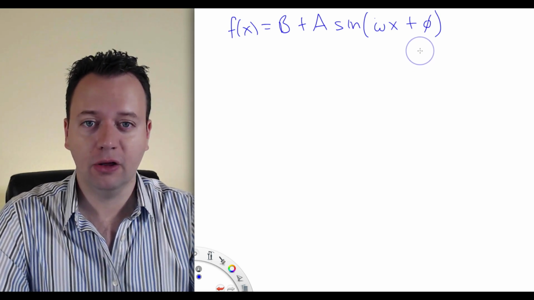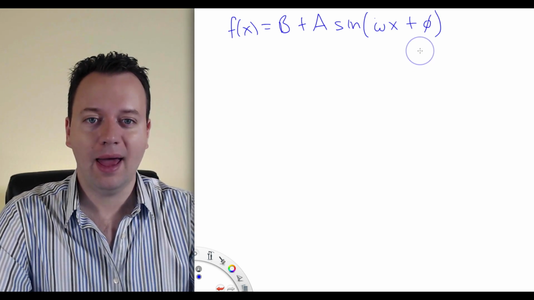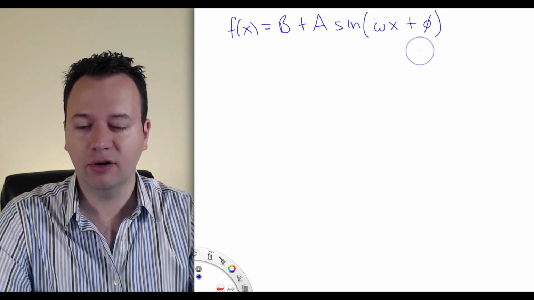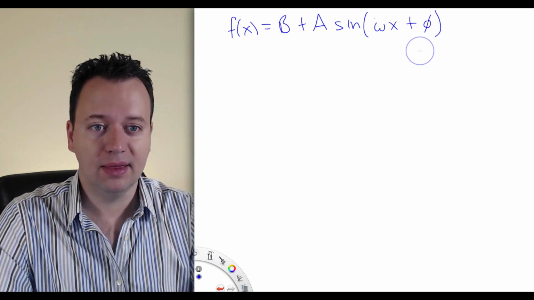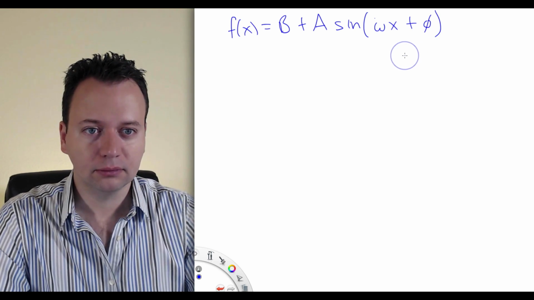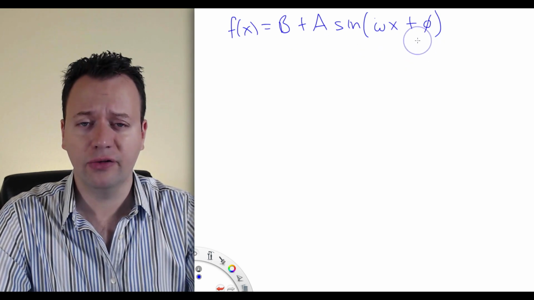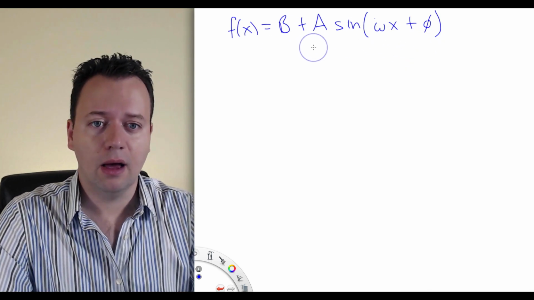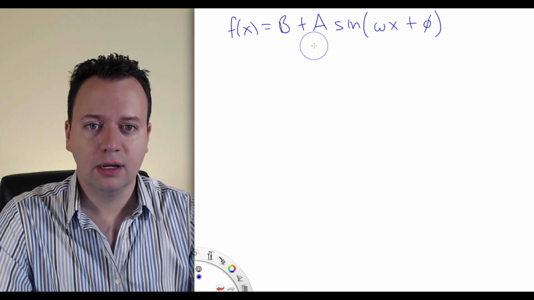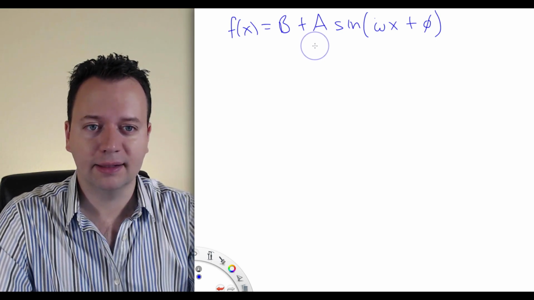So the parameters are a, b, omega, and phi. For any particular example, a, b, omega, and phi would have a constant value, and then x would be the variable. And then each of these parameters have their own individual names. So first, let's look at what's happening inside the parentheses.